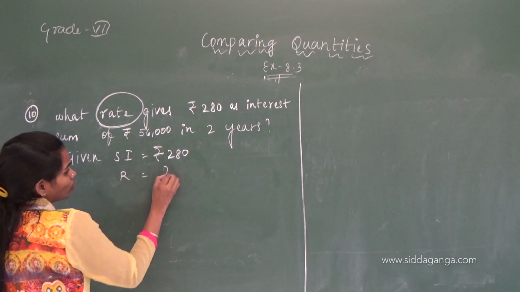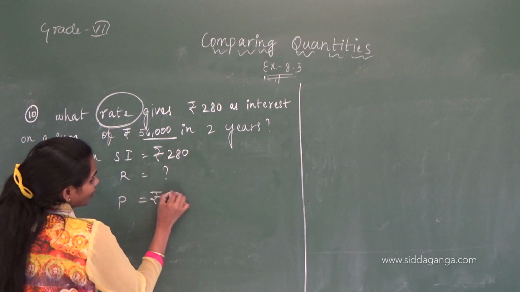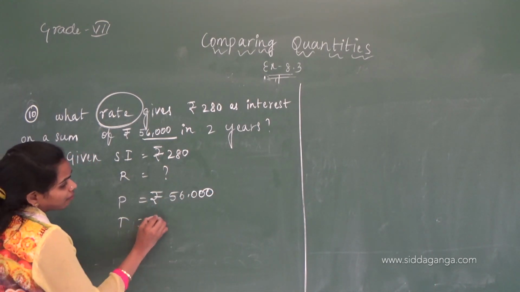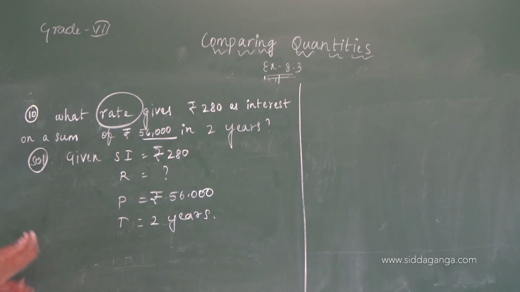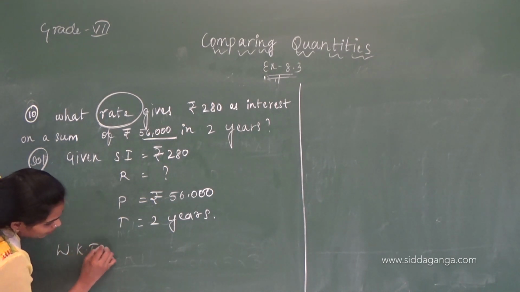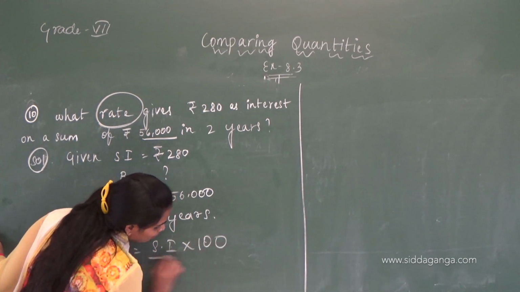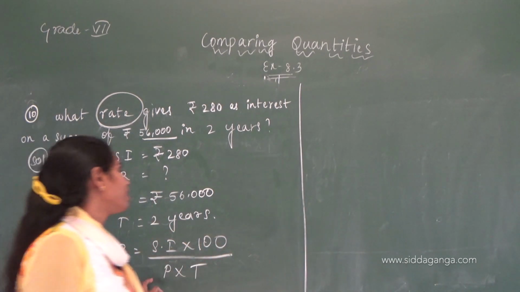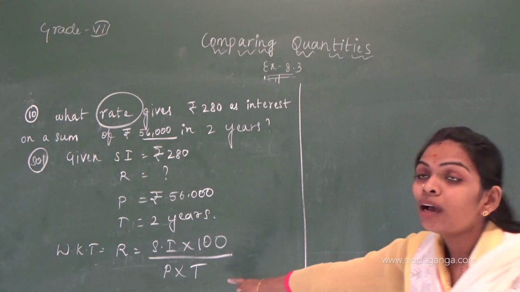P, the sum, is 56,000, and the time period they are giving is 2 years. What we have to find is the rate. We know one formula: R equals simple interest into 100 divided by P into T. Just substitute all the values of simple interest, P and T in the formula.